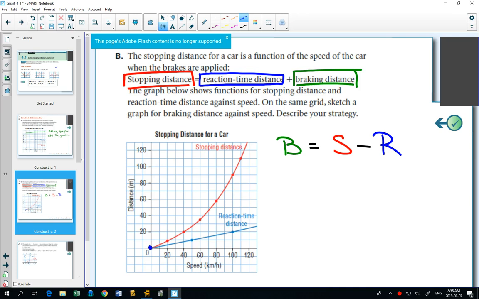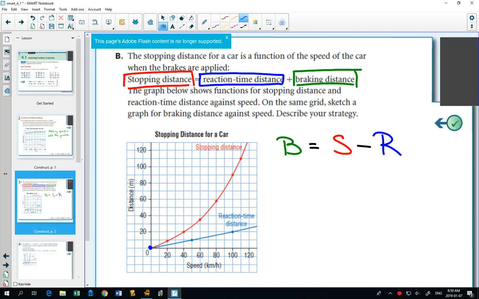So the reason I took some time to look at this is because now, if we want to graph the green graph, we want to take the red graph and subtract the blue graph. And that will tell us how far we actually skid before we stop.